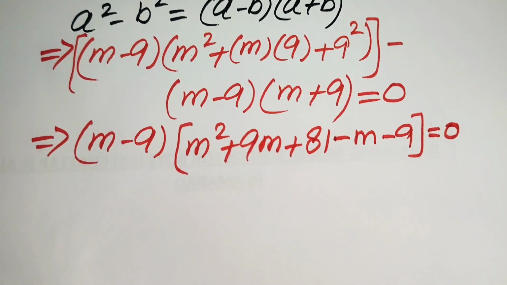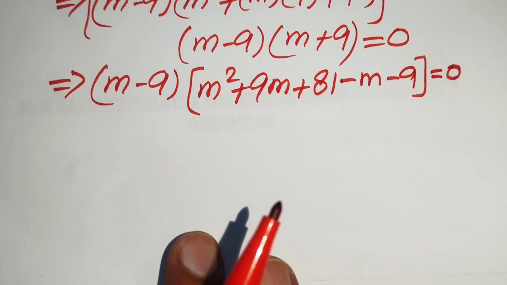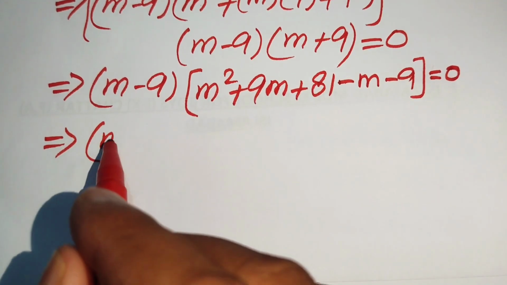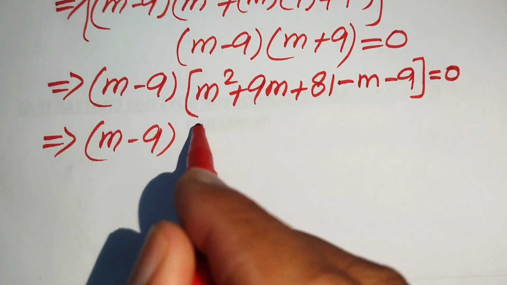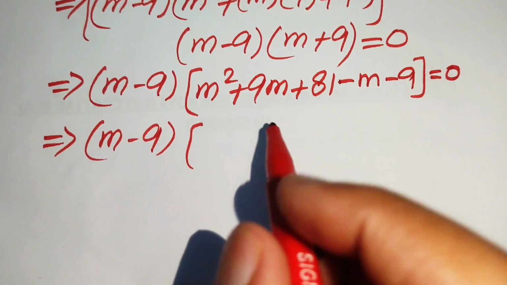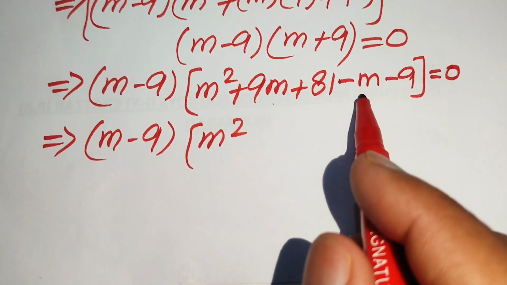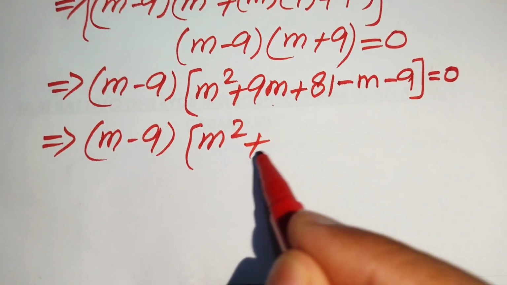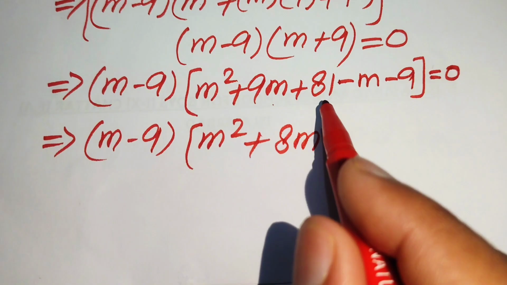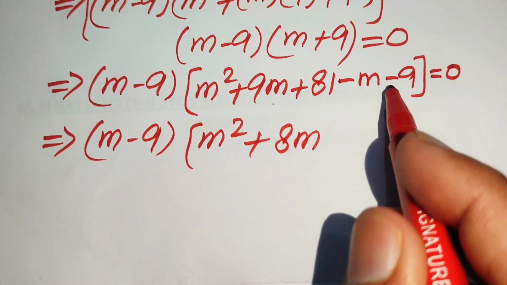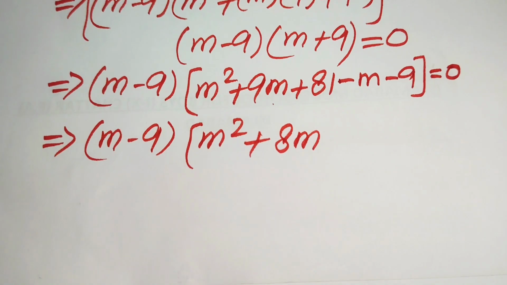So here we need a little simplification. Now here, we first write the first factor as it is, m minus 9, and we need simplification here. We have m square, and 9m minus m equals plus 8m, and we have 81 and minus 9, and 81 minus 9.